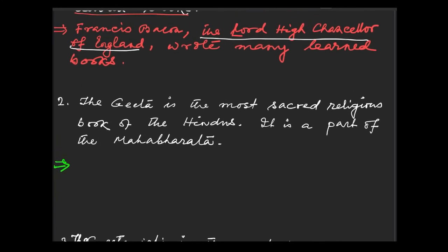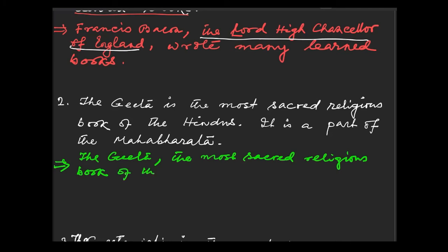The first one is, see, the Gita, comma, the most sacred religious book of the Hindus, comma, is a part of the Mahabharata.